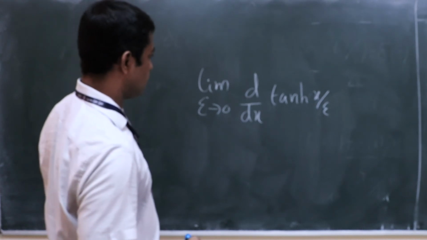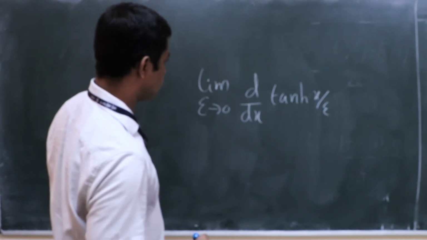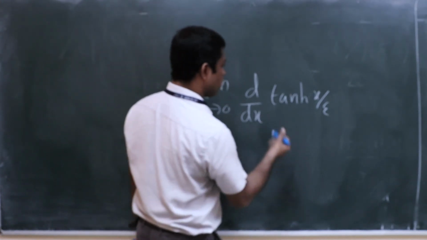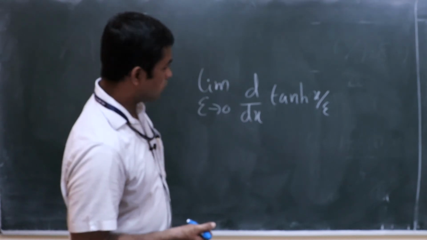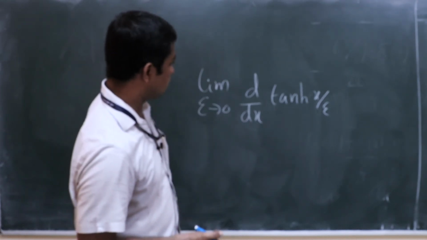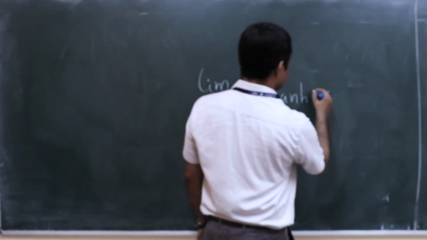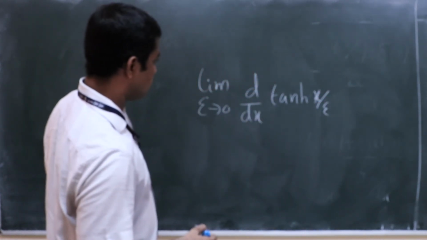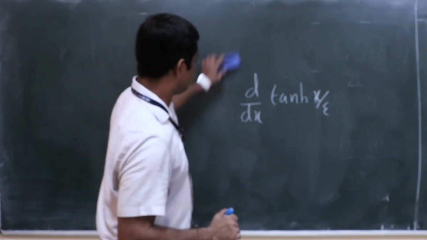So that you said was equal to d by dx of epsilon of x. Yes, that part I got confused. So what is the confusion here? Clear? Yeah, clear. Okay.